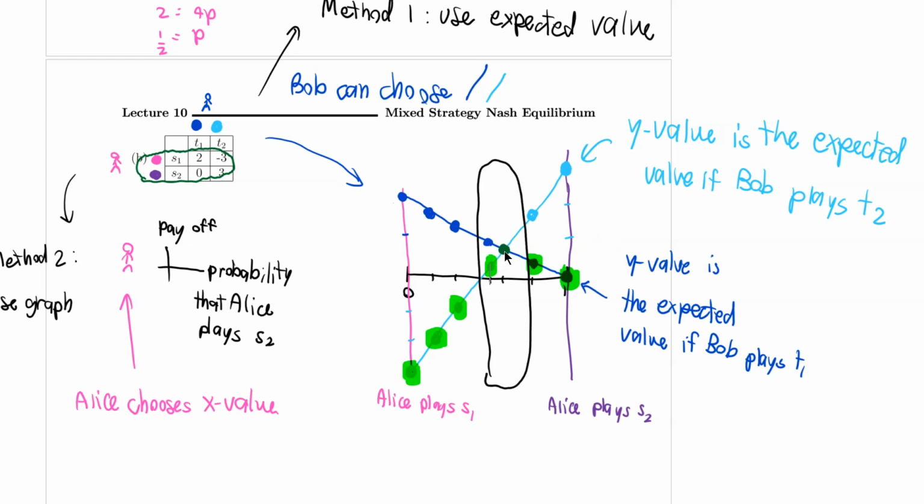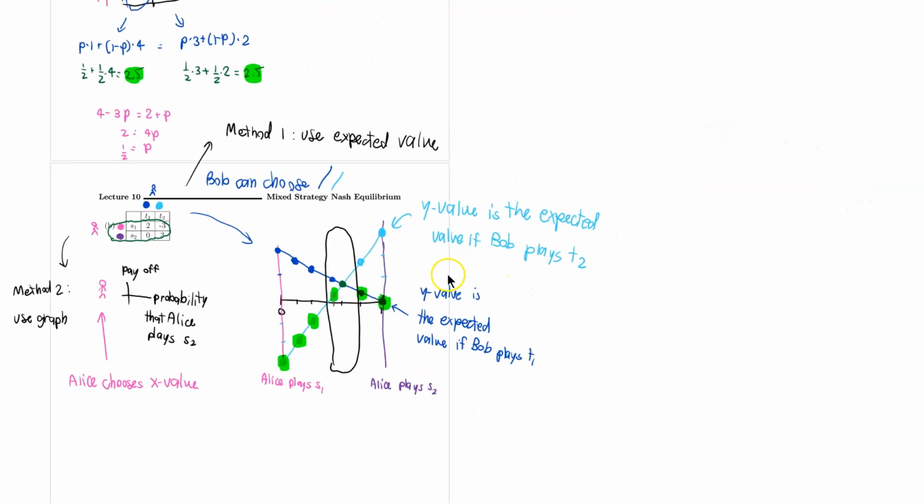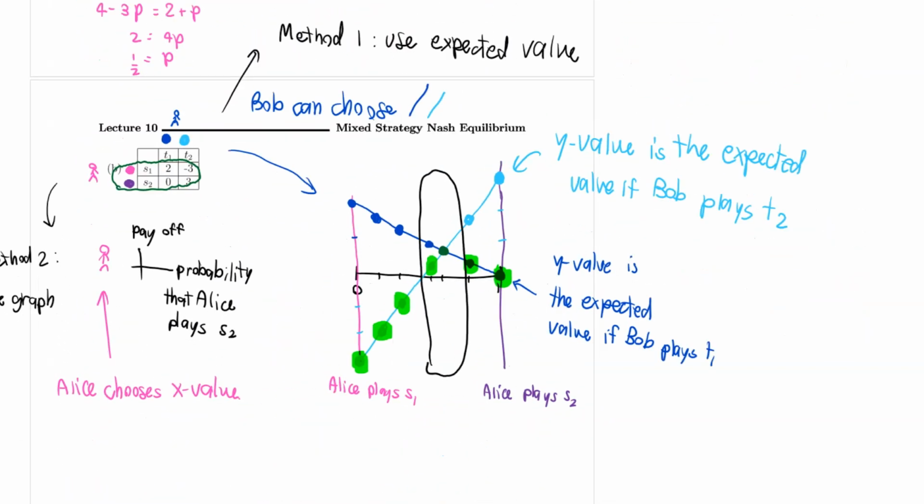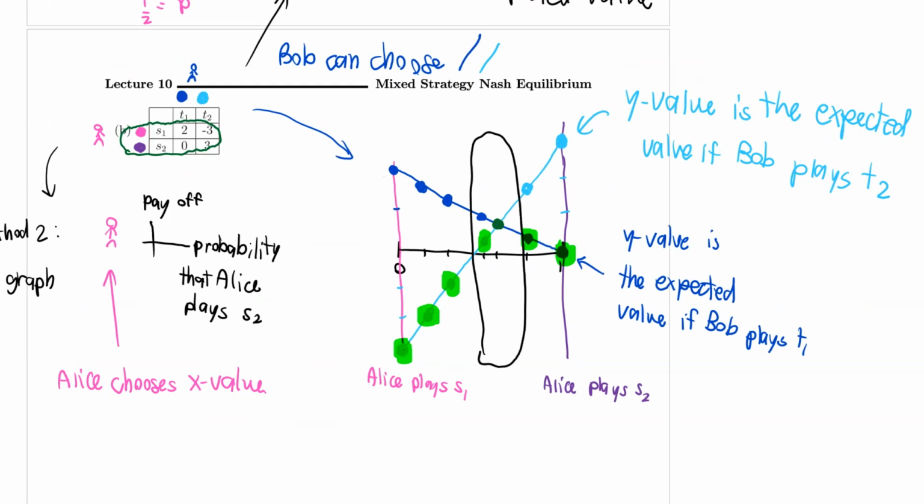And this is kind of the same scenario that we see in the last example. Alice would like to choose a strategy that Bob cannot counter, and that's because the payoff is going to be the same in both scenarios. So we can kind of see this. No matter where, wait, I thought this is green. Okay, let me make it green.